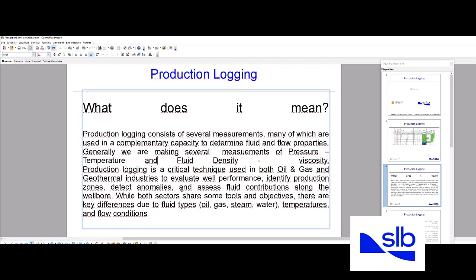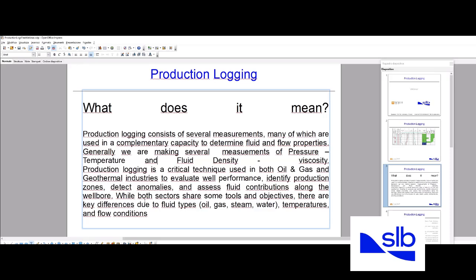Production logging is a critical technique used both in oil and gas and geothermal industries to evaluate well performance, identify the production zone, detect anomalies, and assist the fluid contribution along the well bore.